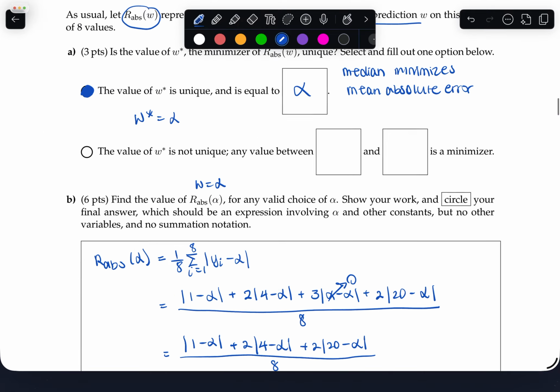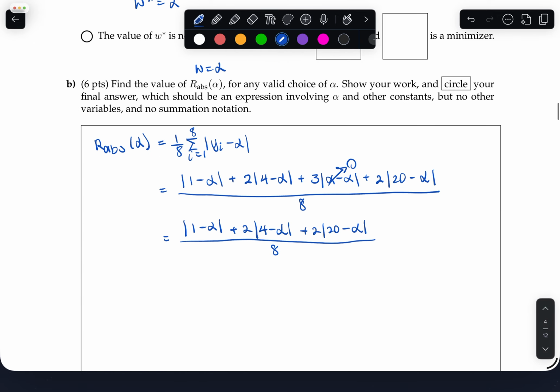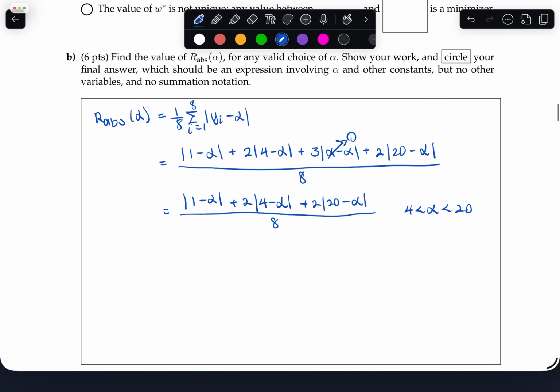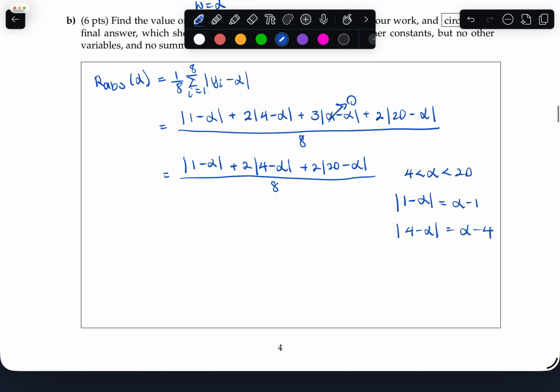And now using the constraint that we're given right here, 4 is less than alpha is less than 20, we know that the absolute value of 1 minus alpha is equal to alpha minus 1, the absolute value of 4 minus alpha is equal to alpha minus 4, and the absolute value of 20 minus alpha is equal to 20 minus alpha. Because these values on the right-hand side have to be positive, they must be true because of this constraint.